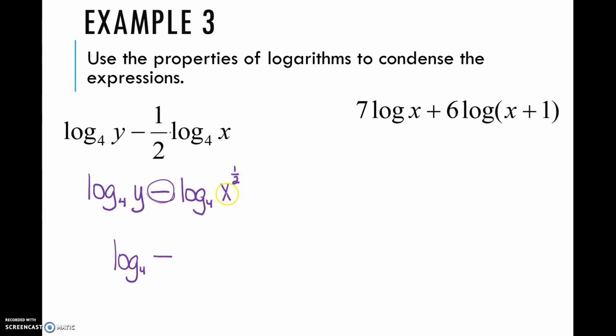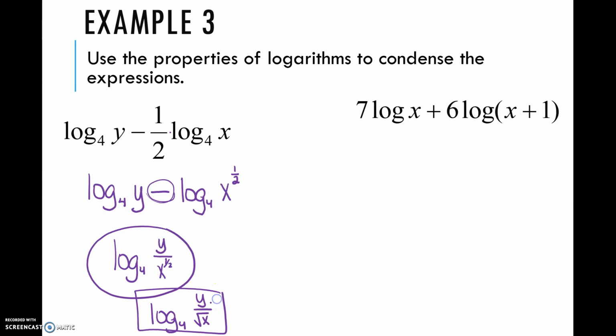So the x to the 1/2 is inside the negative log, so x to the 1/2 is going to go on the bottom. Y is inside a positive log, so y is going to go on top. Now, I would accept this as a correct answer. I have a feeling your book is going to want you to change it to the square root of x instead of x to the 1/2, but I would accept either one.